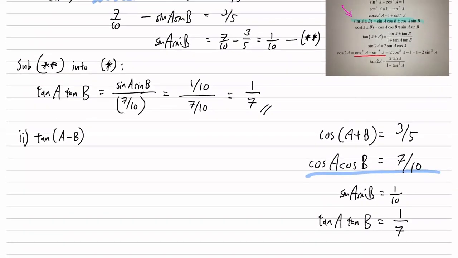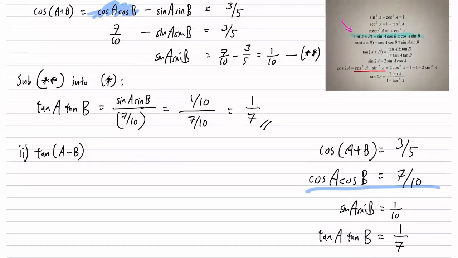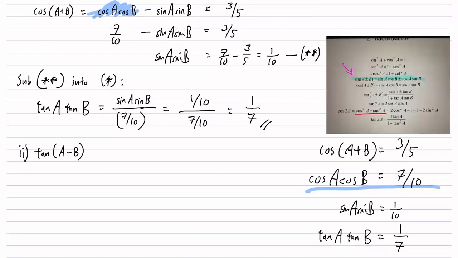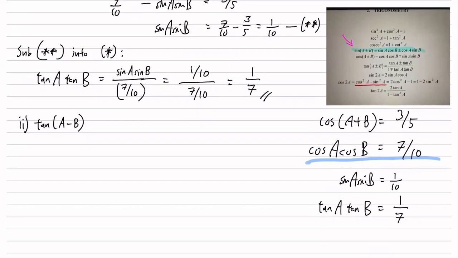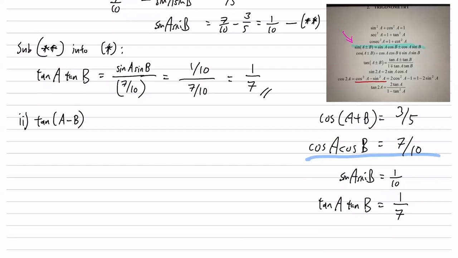Then how? Tell me. Change tan(A minus B) equals tan A minus tan B. Wrong, plus.